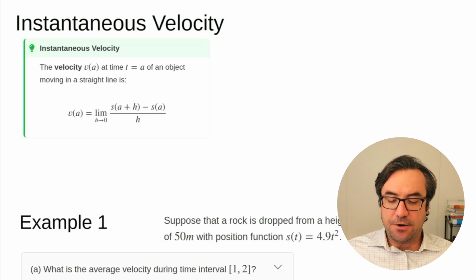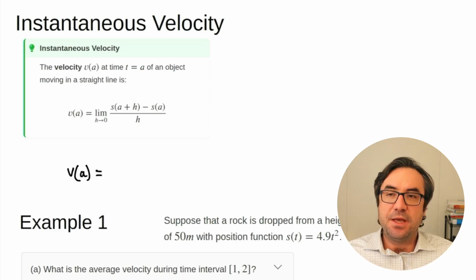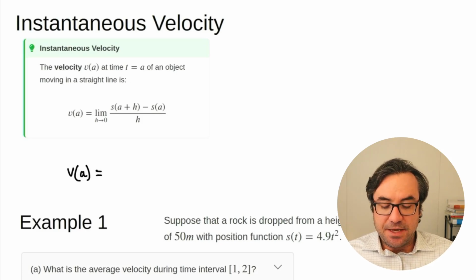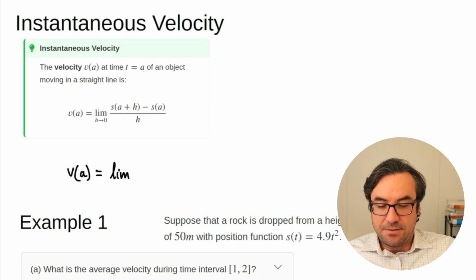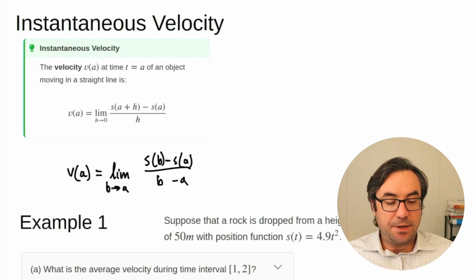And the idea here is our velocity at time a is going to be the limit as b approaches a of our average velocity. So what we're doing is this is our average velocity that we just looked at.